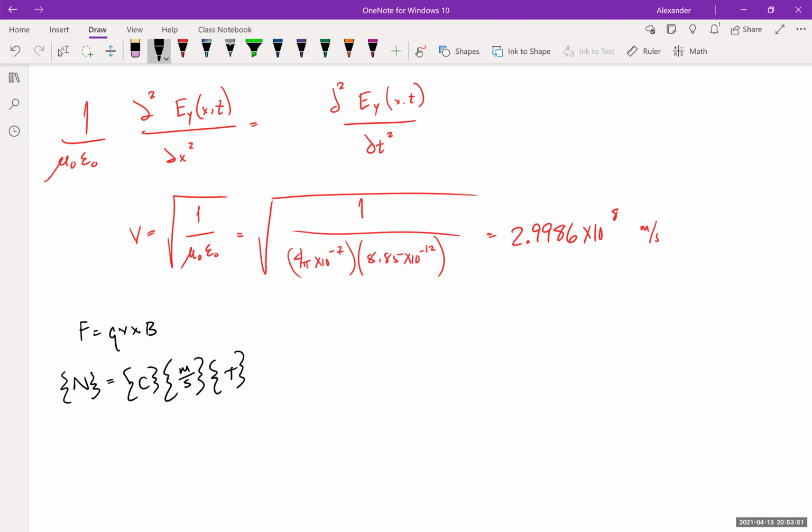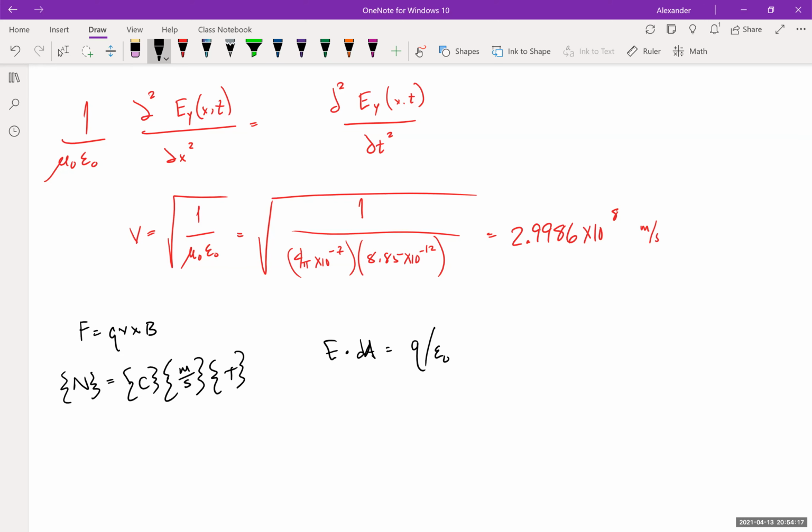Well, I need to talk about epsilon. Epsilon and mu. Let's see. B is equal to, well, hold on. It's Gauss's law. Gauss's law is where the units come from, right? E dot dA is related to Q over epsilon.